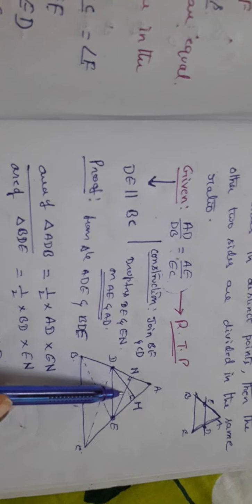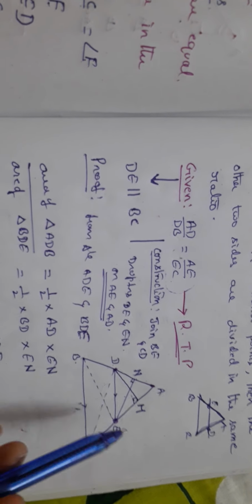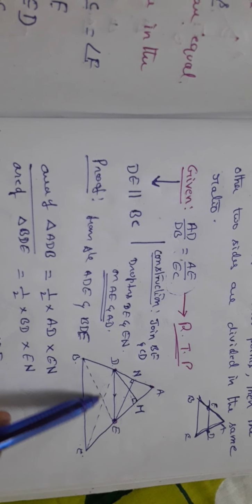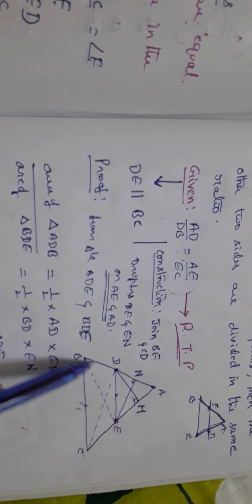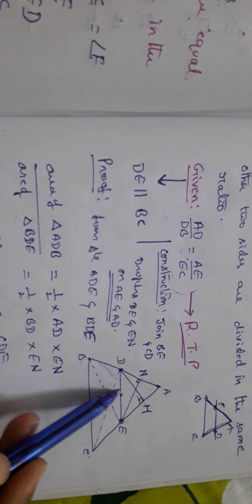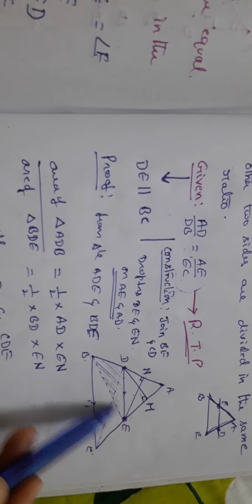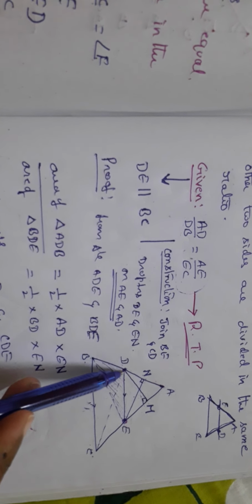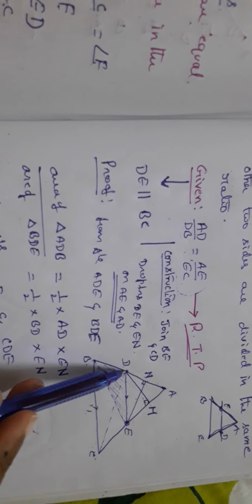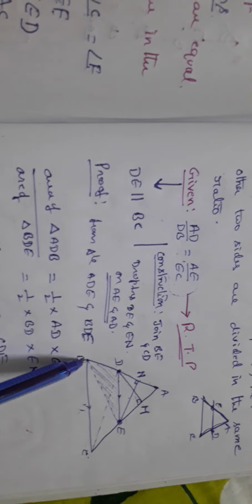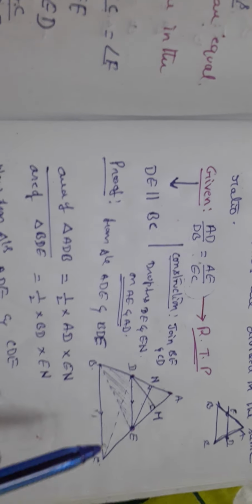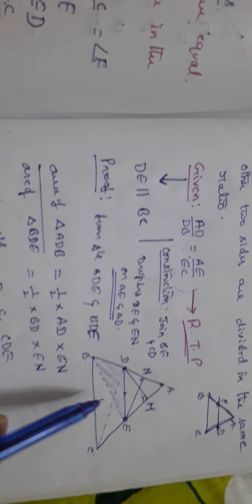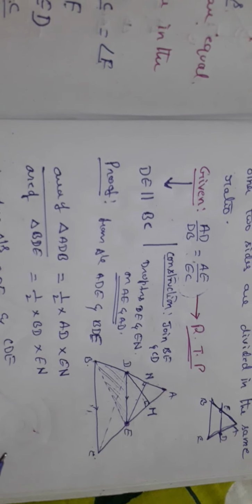Altitudes also lie outside the triangle. So if you are taking this triangle also, this becomes the height of the triangle, whereas this is going to be the base of the triangle. If you can understand this point, the rest everything is very easy.